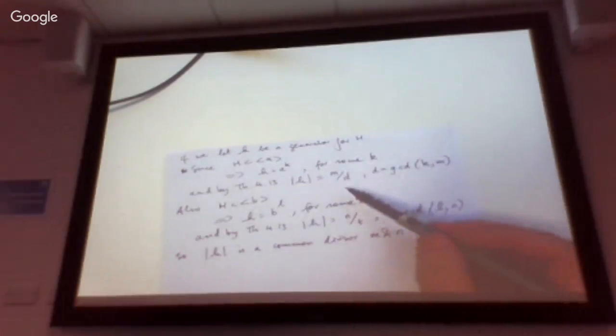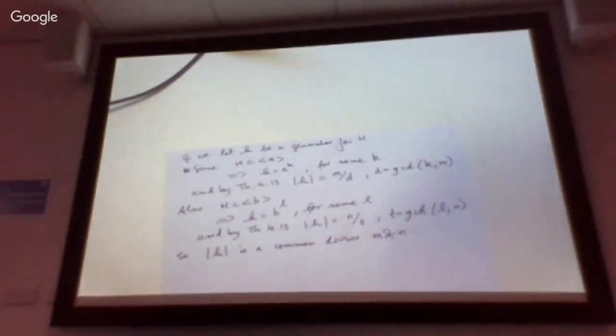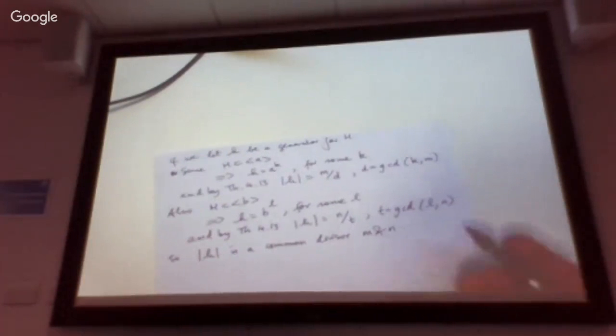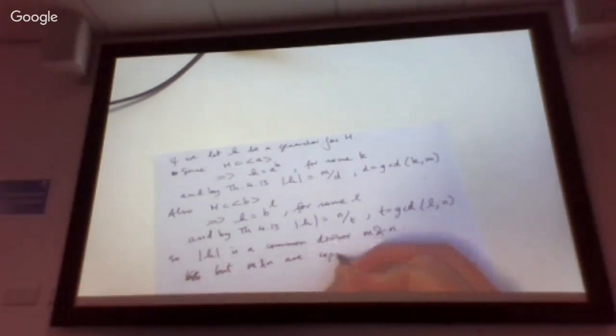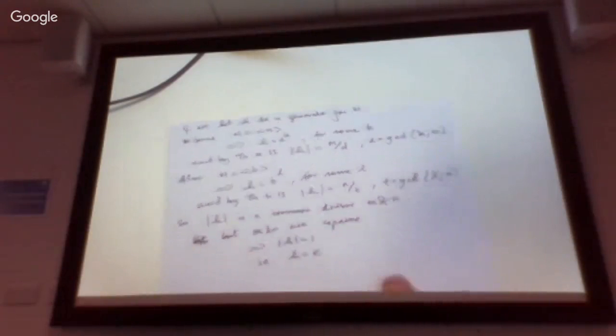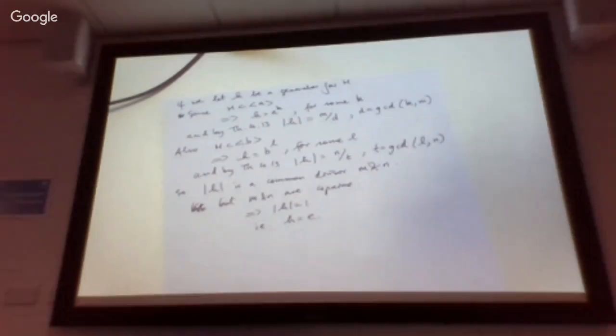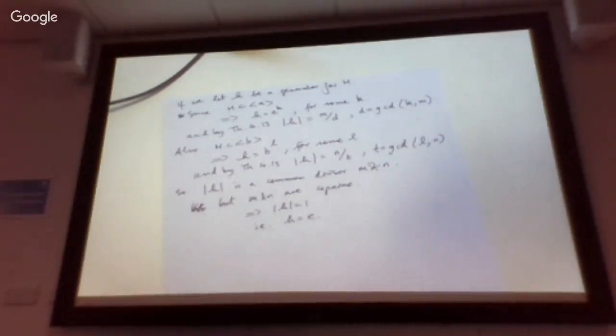And obviously by implication we should be able to prove this just based on what we've got here. Yeah, I think we can do it with theorem 4.13.